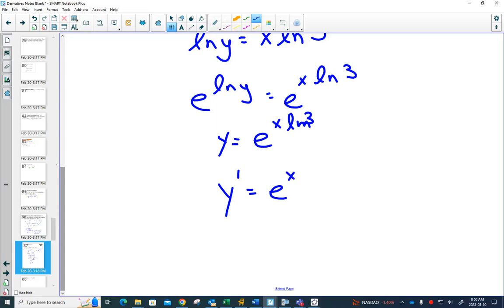So derivative of the outside, keep the inside the same, then we're going to need to multiply by the derivative of the inside. And this part, if we go back to the beginning, that was just 3 to the x.